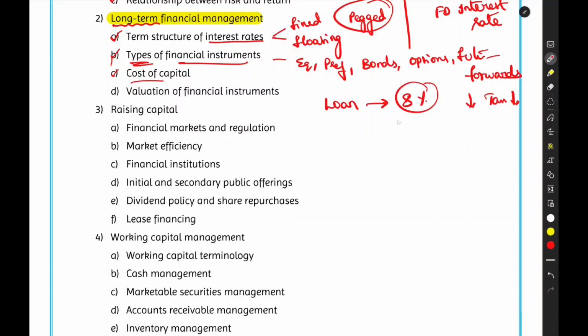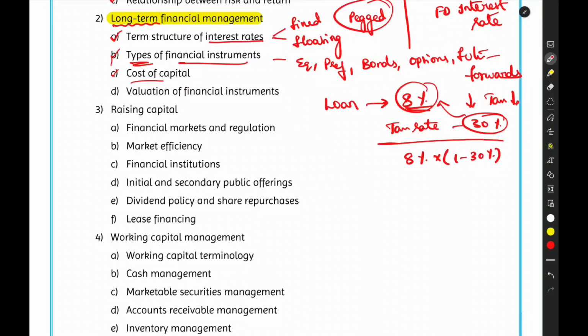Let's say the tax rate is 30%. By paying 8% interest, you save 30% of that 8%. That means my net cost of capital would be 8% into (1 minus 30%), which is 5.6%. That is how we calculate cost of capital.